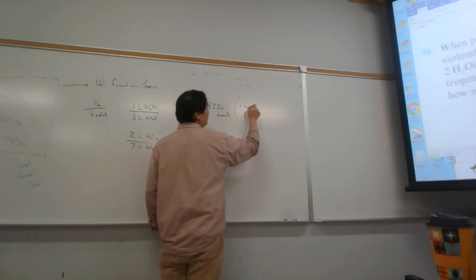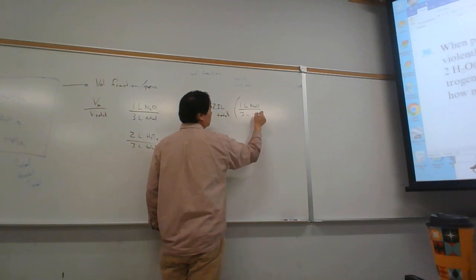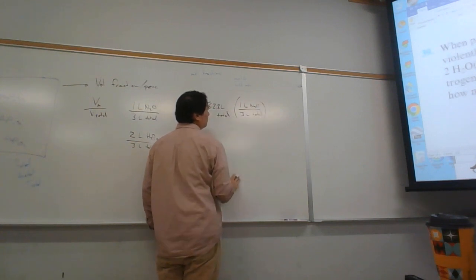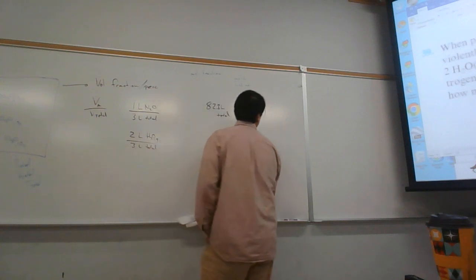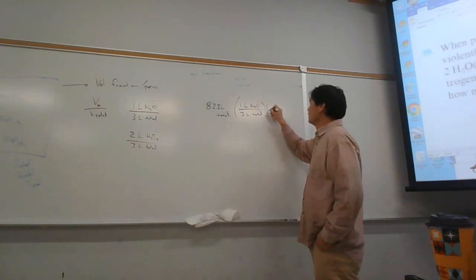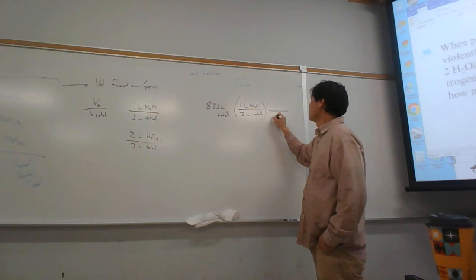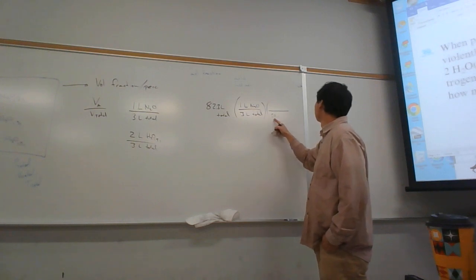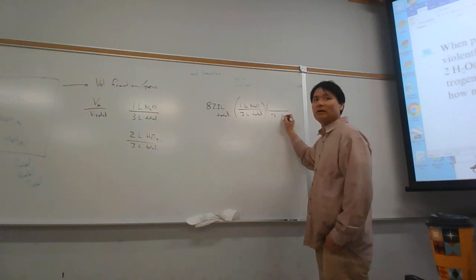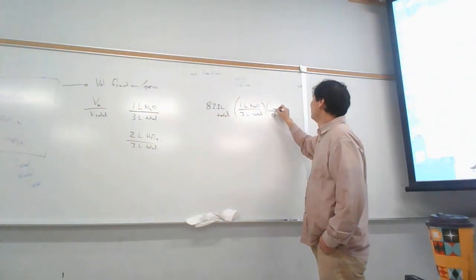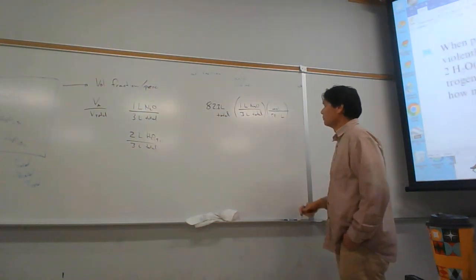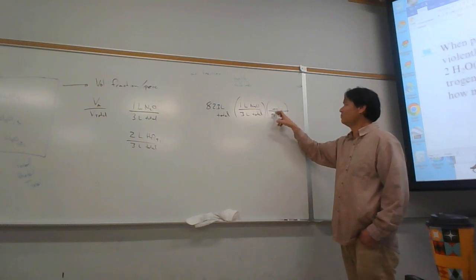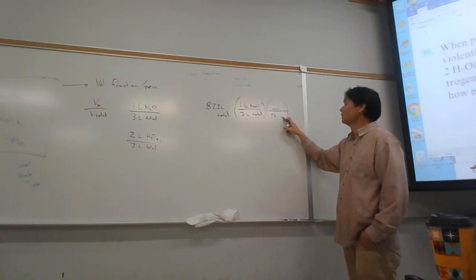And so that's 1 liter of nitrous oxide for every 3 liters total. Okay, then I would convert this into moles using the molar volume. What was it, 50.1? I should have erased it. Liters per mole under these temperature and pressure. And so that gives us the moles of nitrous oxide.